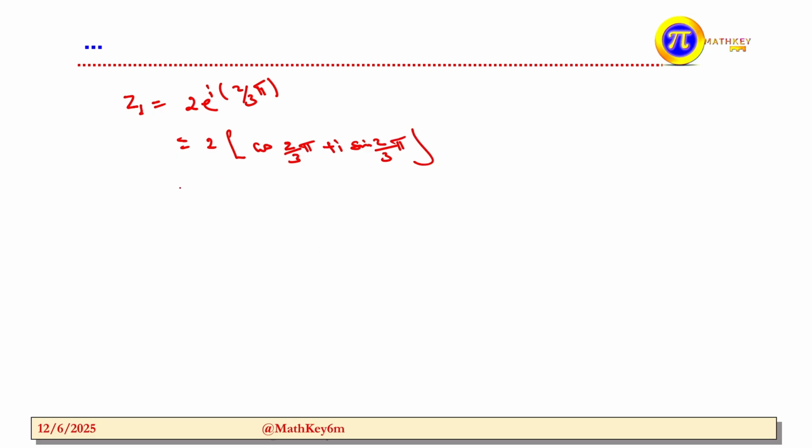The result now equals 2 into cos of 2 over 3 pi, which means 120 degrees.